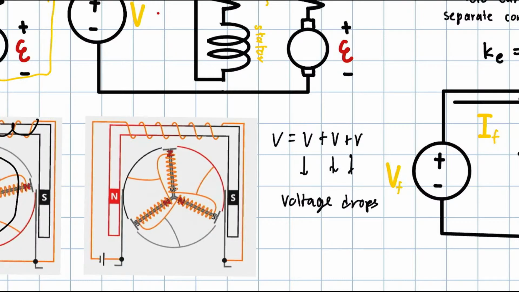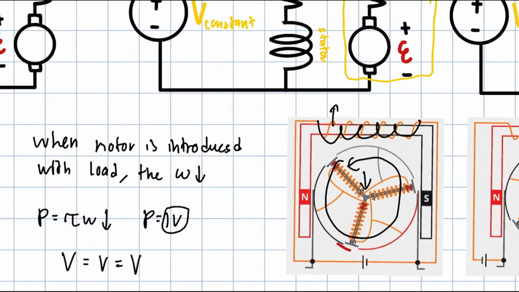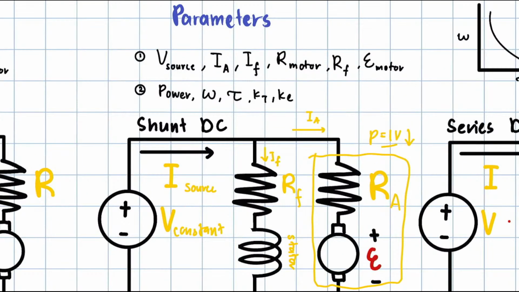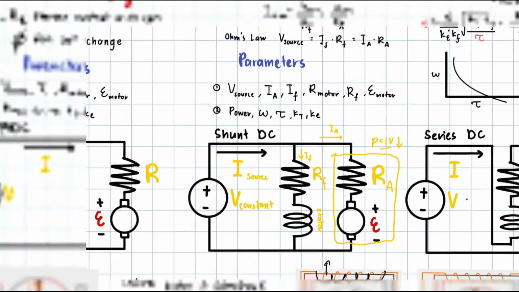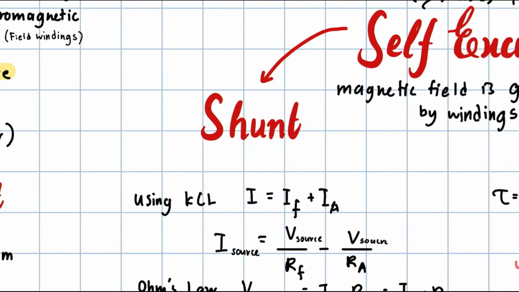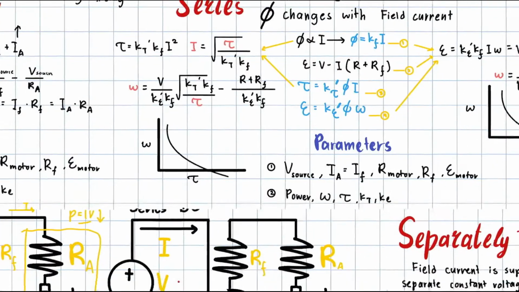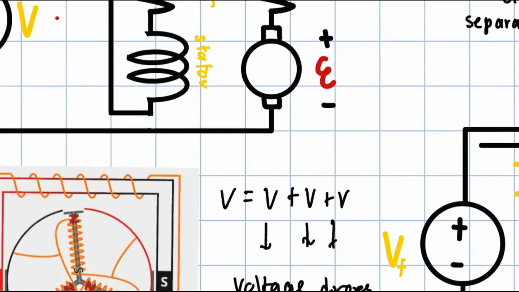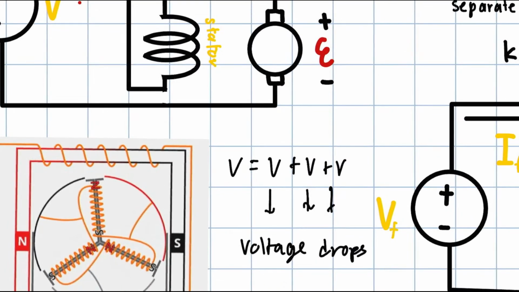When one decreases, one increases. This one, I is this I. When one I increases, the other I increases. Okay. For the shunt one, the I is constant. So when one I decreases, another increases. But for series, the V, when one, usually there's only two.